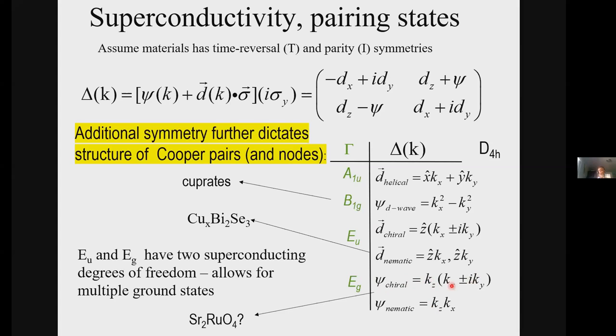Here the broken time reversal symmetric state has been argued recently to be relevant for strontium ruthenate, though there are other possibilities that might apply there. But in the context of strontium ruthenate, I will focus on this state throughout this talk. The key point I want to emphasize here is that the symmetry is high enough such that we have doubly degenerate representations from which we can make broken time reversal states. And we'll come back to that point later on.